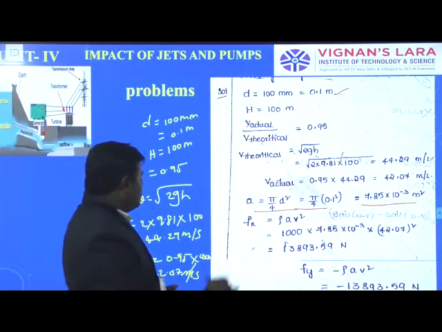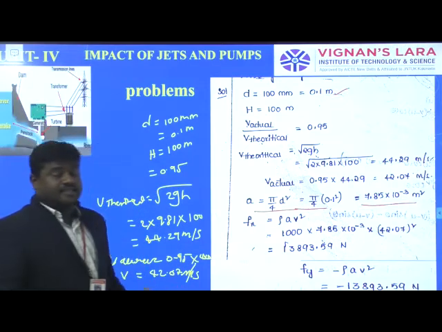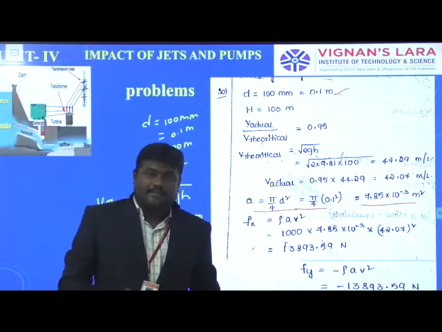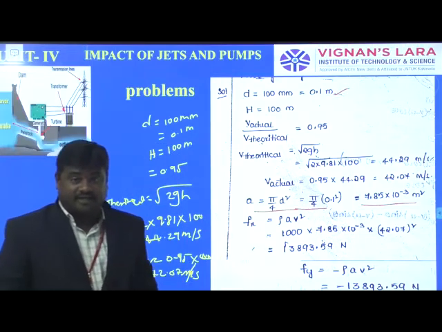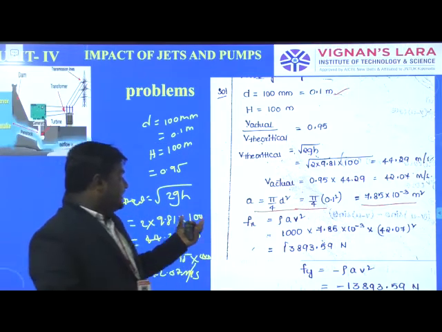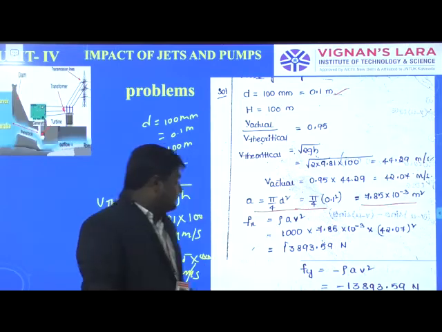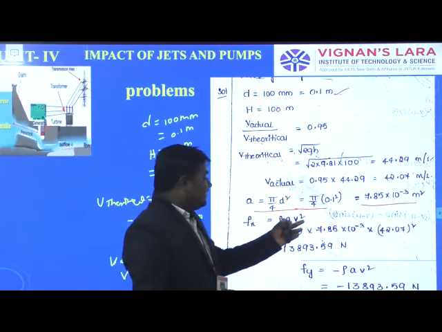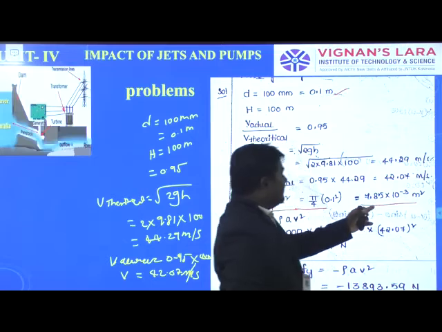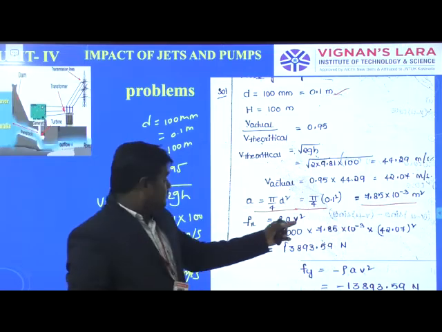So Fx value, we know the formula, that is rho a v square. Rho is the density of the water. We know that density is 1000. And area we get the value 7.85 into 10 to the power of minus 3.